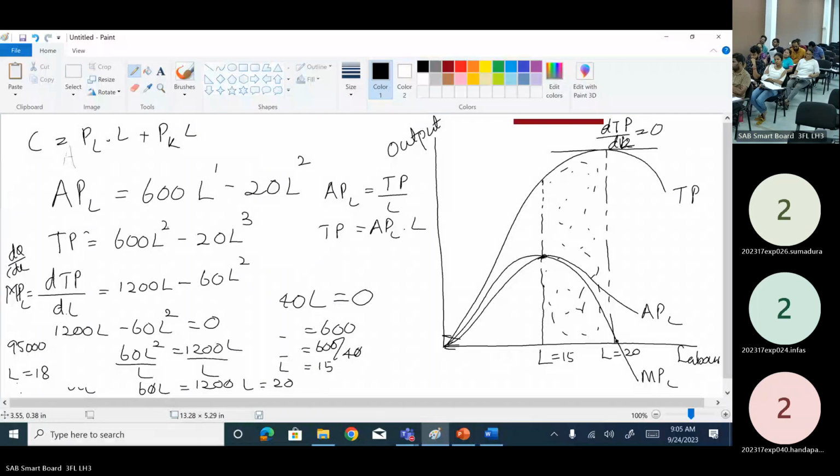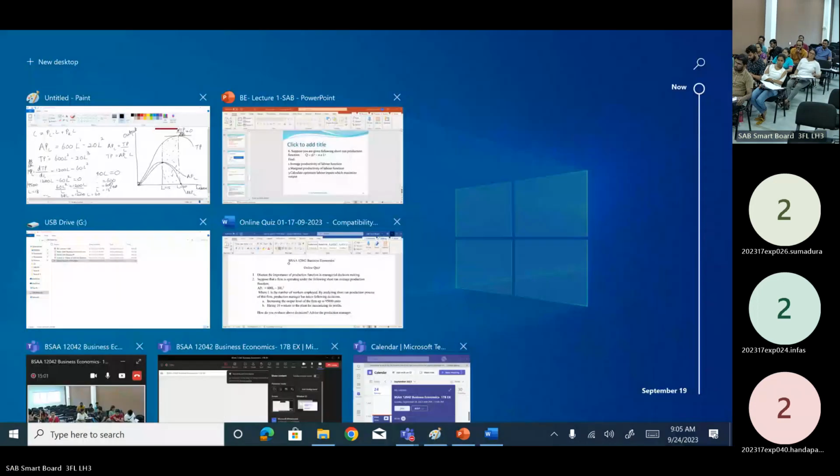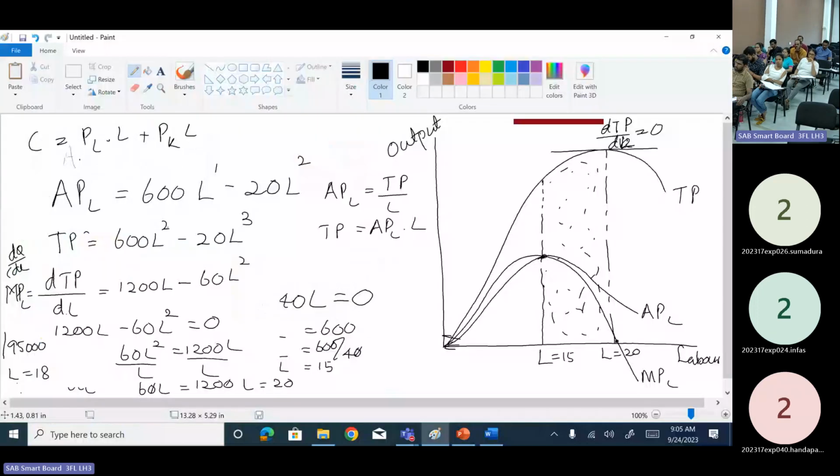But the question is 95,000 for total production. So what you have to do is substitute into the total production function. So now we take the total production here.